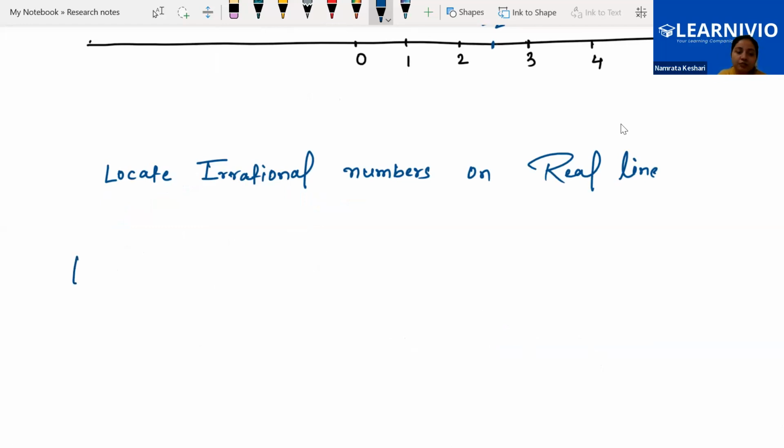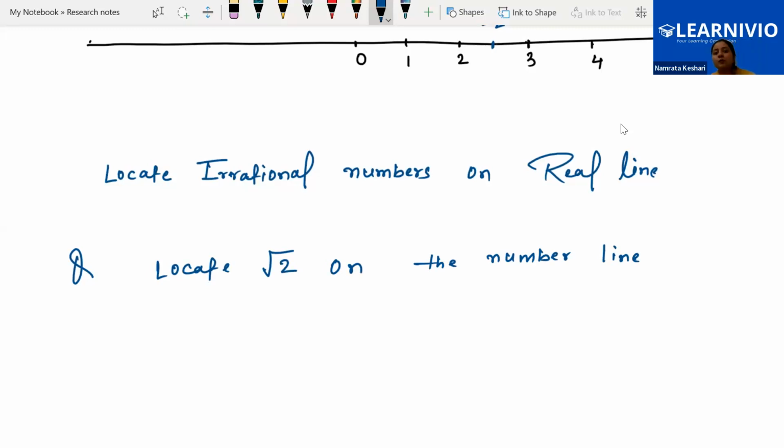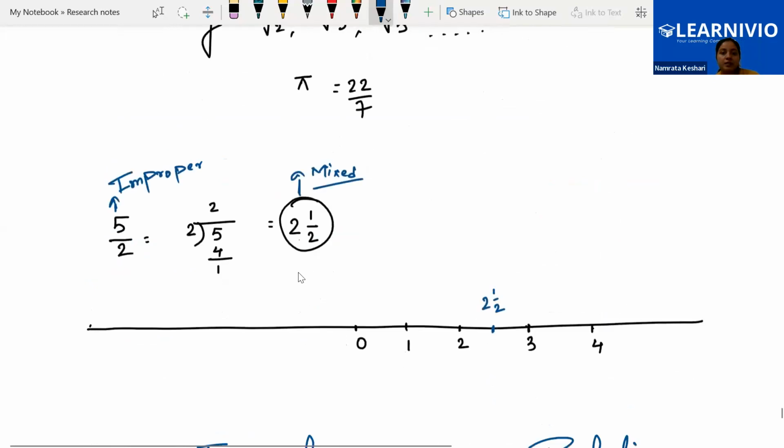So let's say we have to locate square root of 2. The first question is: locate square root of 2 on the number line. Now, as we know, square root of 2 is a non-terminating, non-recurring decimal number.